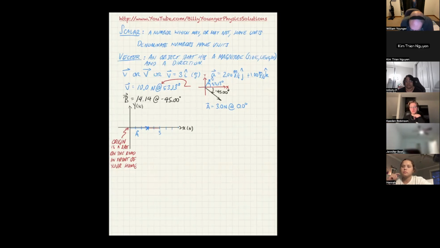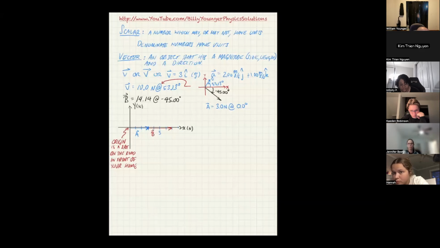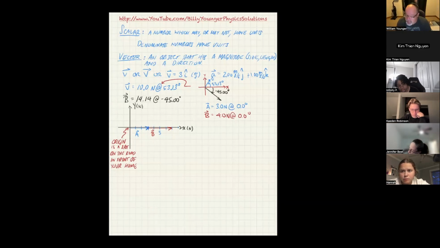Again, I'm going perfectly horizontal, or attempting to, and that vector is going to be called B. And vector B is going to be 4.0 newtons, also at 0.0 degrees. These are modeled just like displacement vectors.